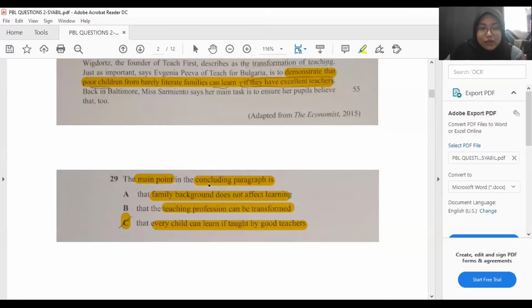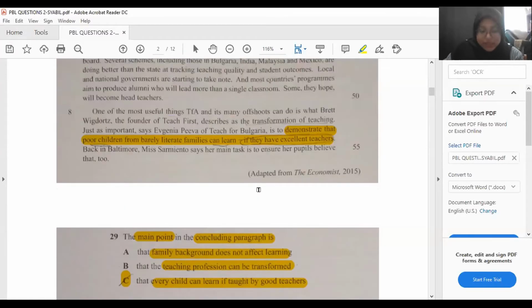The other keyword is concluding paragraph, which is basically the last paragraph of the passage. So we look at the last paragraph, and we need to scan the first and last sentence of the paragraph.